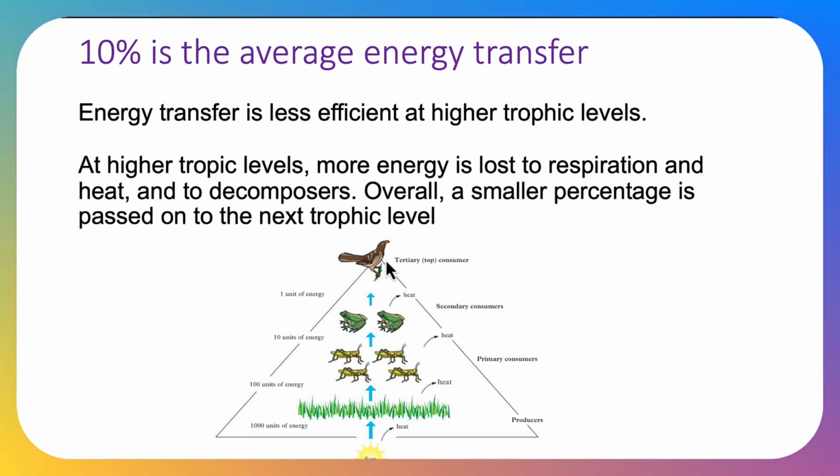They tend to be more active organisms, so they tend to use more energy and lose that as heat. But also because they're larger organisms and they don't get eaten by anything else, there's more for decomposers at the end of their lives. So we see that as we go further up, we tend to have less energy pass from one to the next.